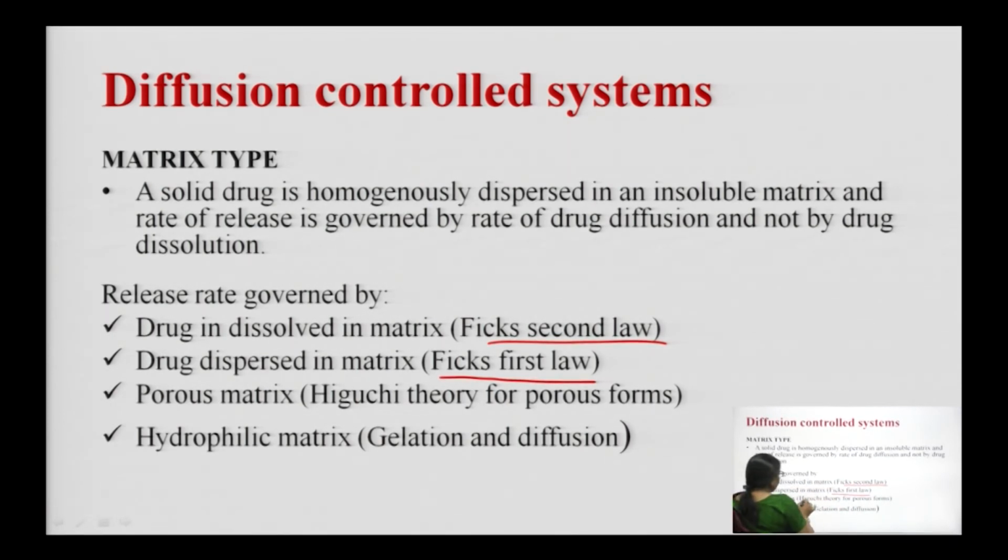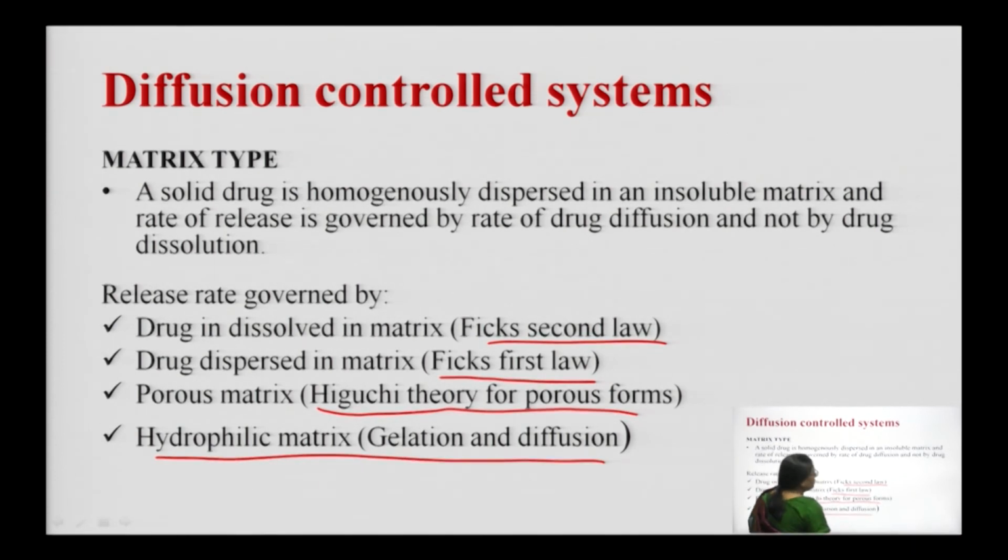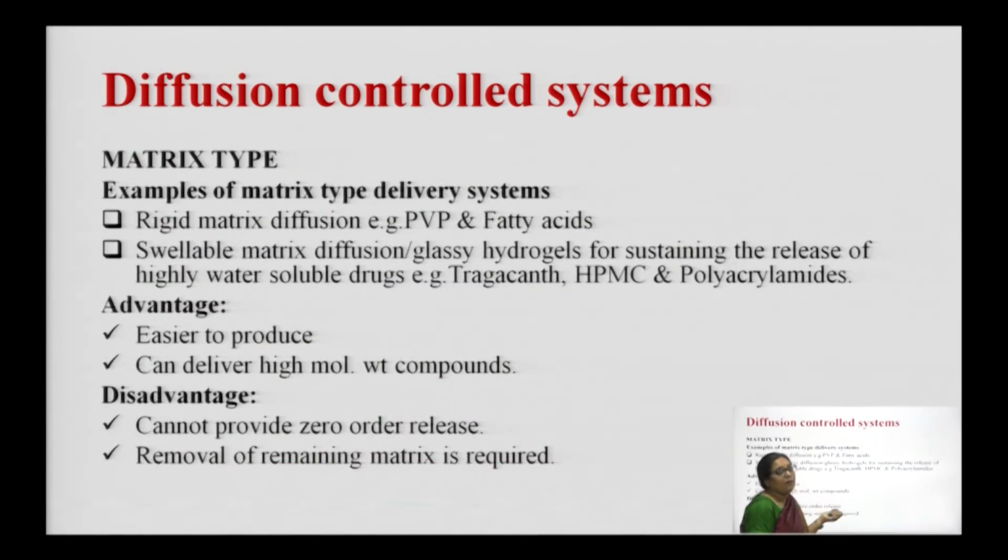If the matrix happens to be porous, then it will exhibit Higuchi's release, and if the matrix is hydrophilic, then it will exhibit release by gelation and diffusion mechanisms. So, these 4 different types of release can be observed with diffusion controlled matrix drug delivery systems.